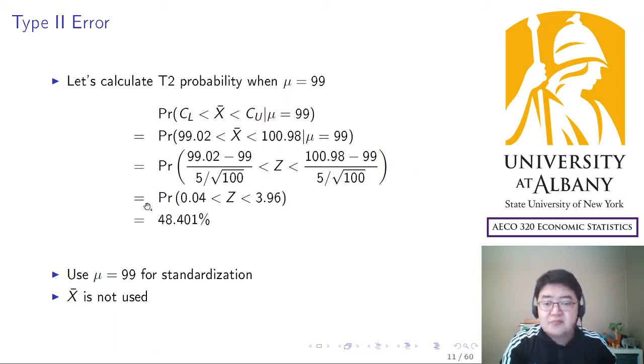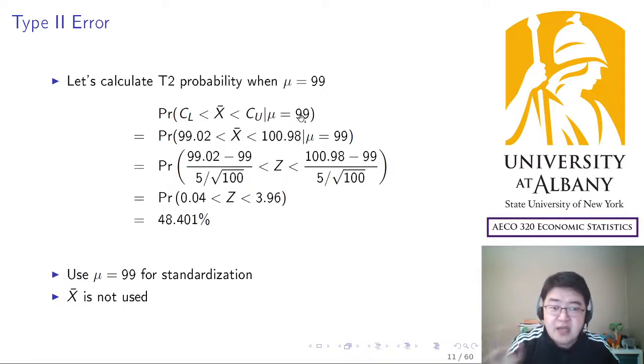Let me just review this algebra again. You have to use 99 for standardization. The reason we needed a specific number is because we need it for standardization. When you calculate type 1 error, you used 100. And now you are using a number different from 100. It could be 99. It could be, for example, 98.